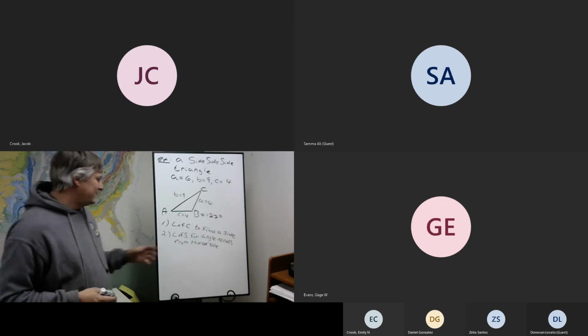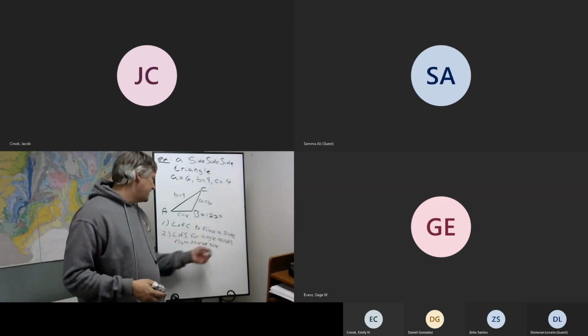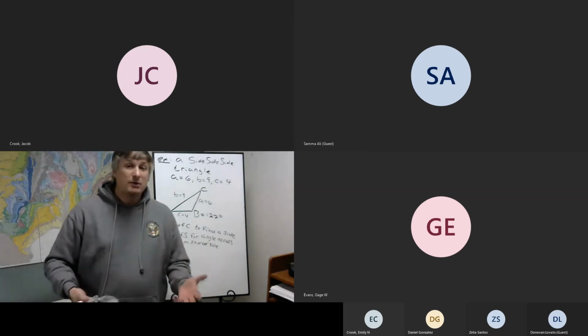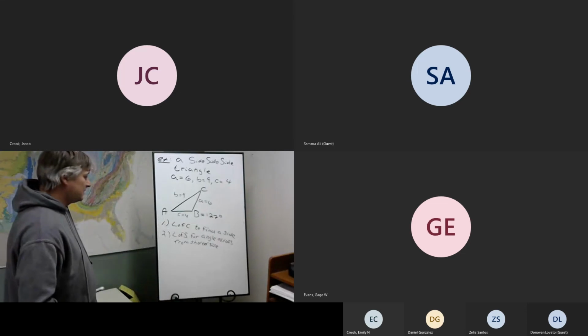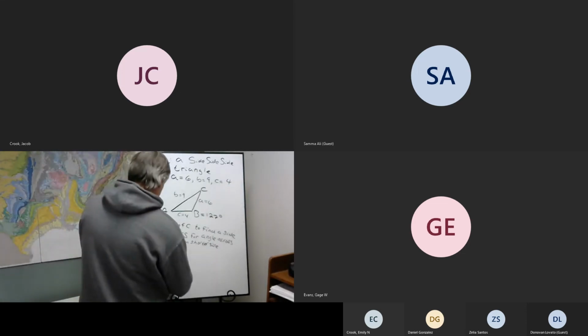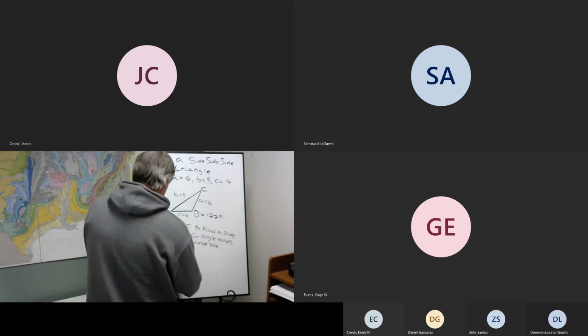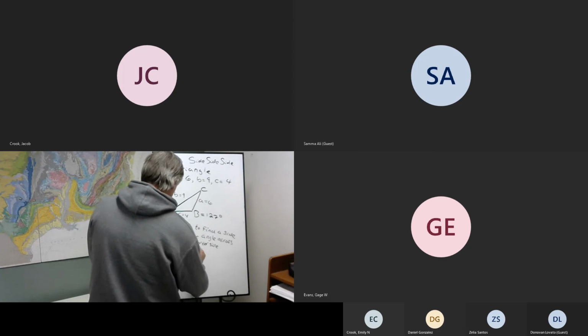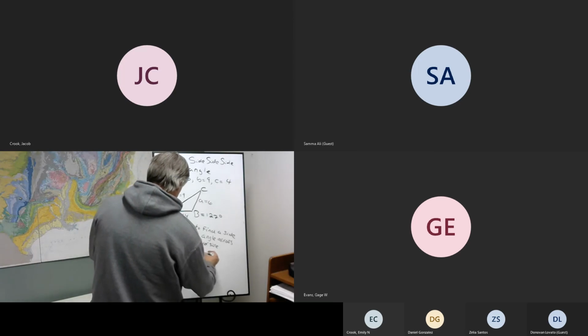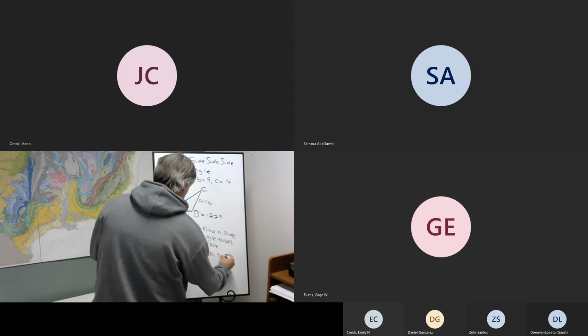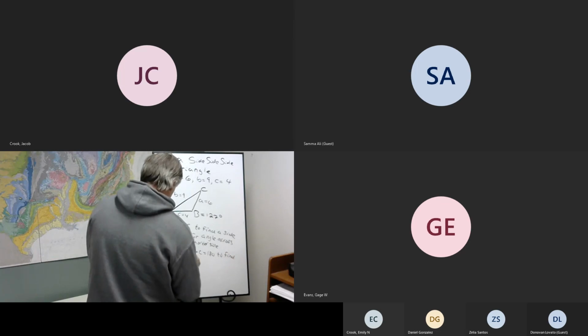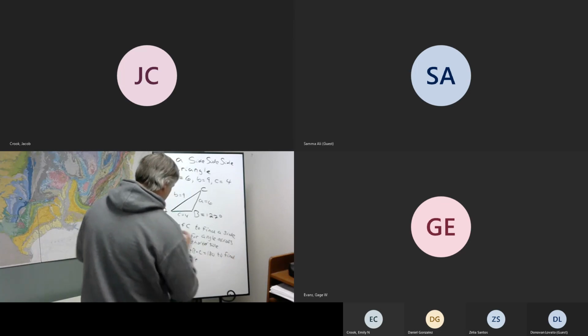So again, I'd say use the law of sines to find the angle across from the shorter side, just so you get into that habit. And then what we'll do for step 3, again, last.